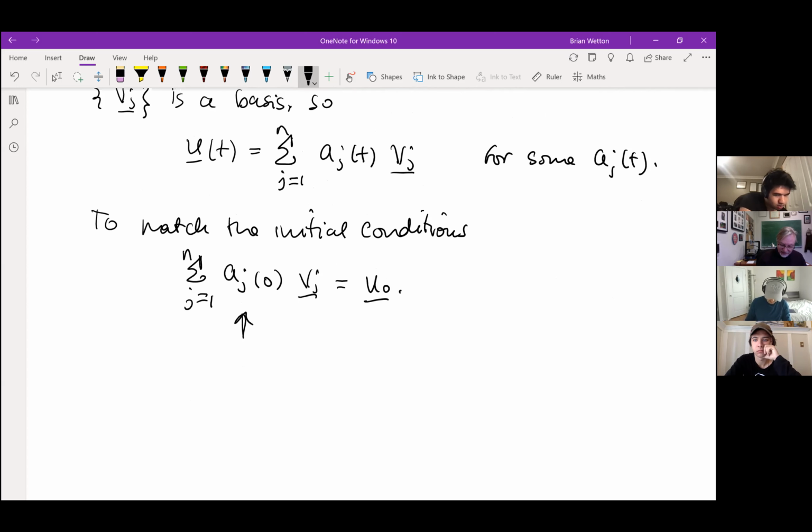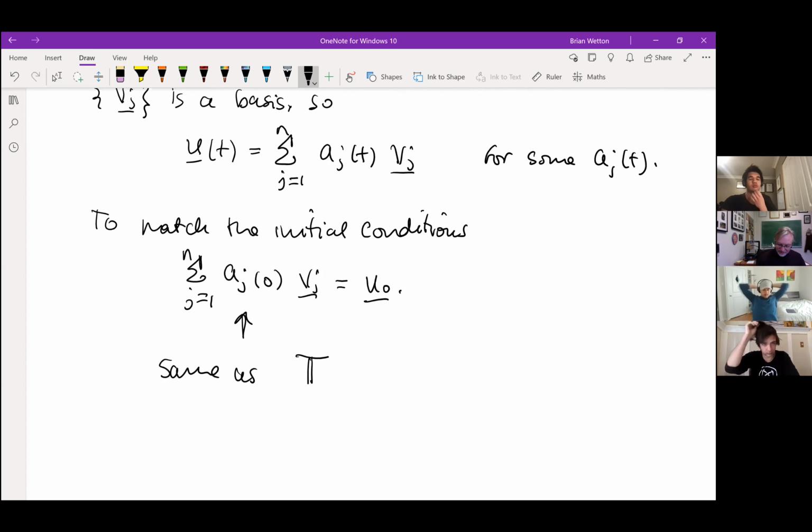So this is the same as, well, when you're trying to figure out what linear combination of vectors gives you another vector, that's a linear system, right? And if you have a linear combination of column vectors, that's the matrix of the column vectors times the column vector of the coefficients.